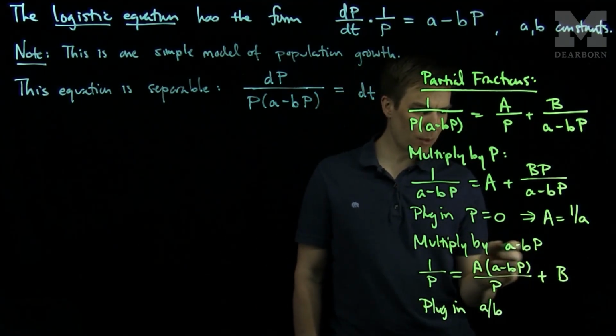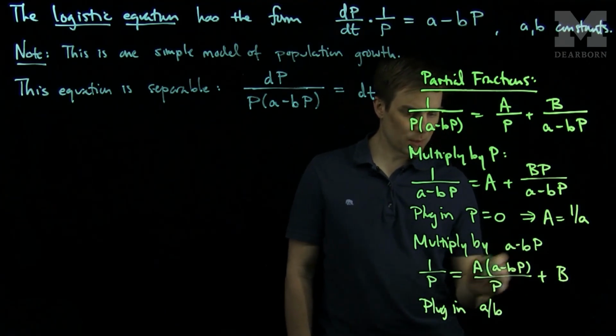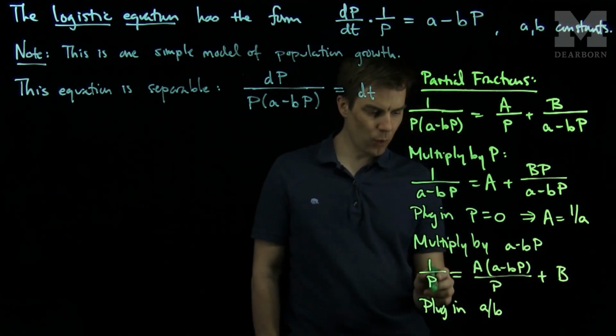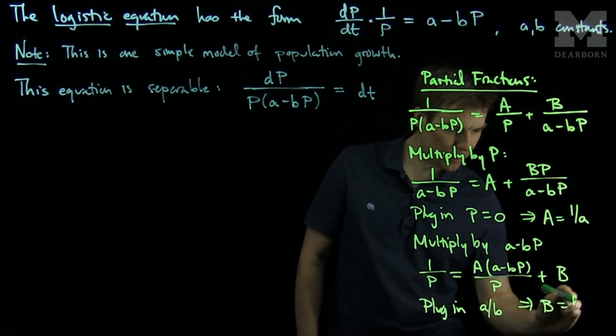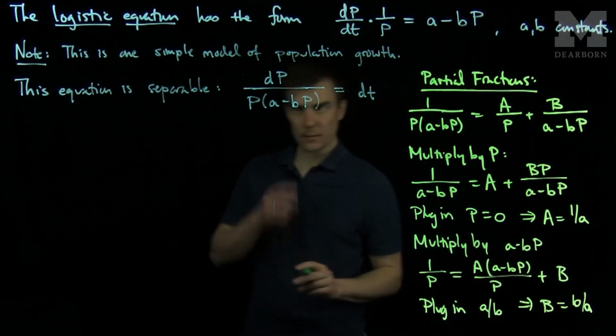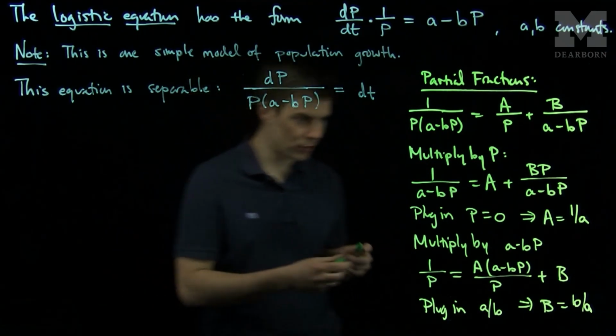If I do that, I will get a 0 over here. This term will cancel out, and I will have 1 over (a over b), which tells me that B will be b over a.